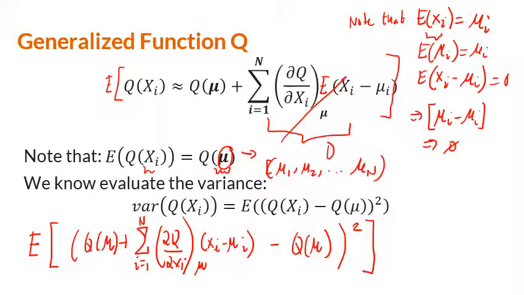So this is now your variance. Okay, take note na mawawala yung Q sub mu. Ang matitira na lang na term is yung summation term, and then we square it, and then we take the expectation value, and then we arrive now at the variance of your Q of x i's.